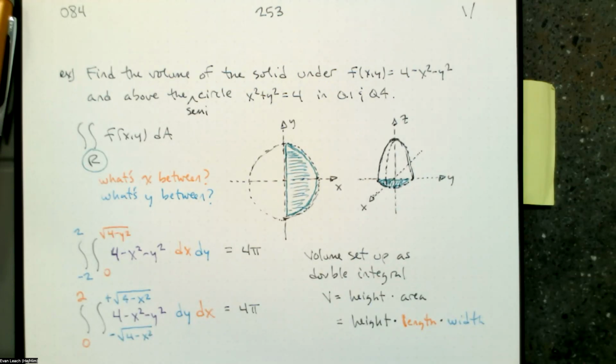Length and width were what's x between and what's y between, but height was the height of the function above the xy plane. But that's just asking what's z between.